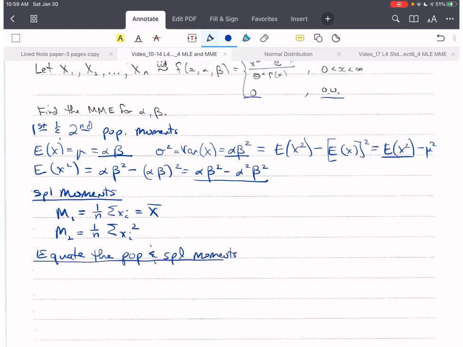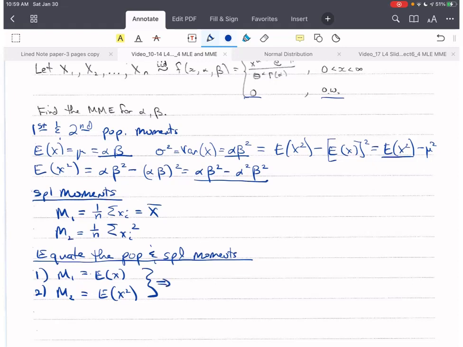We're going to set m1 equal to E of X and m2 equal to E of X squared.